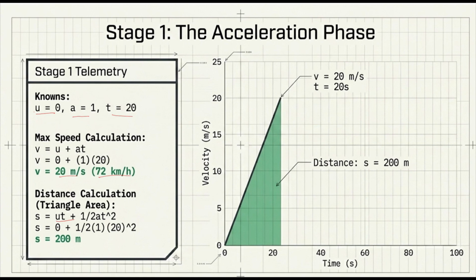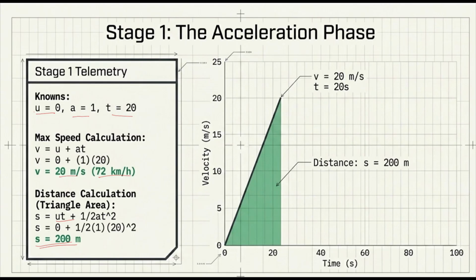So we take 0 plus 1 by 2, a is 1 and t is 20, so we take 20 square. What is 20 square? That will be 400, and half of 400 will be 200. So the distance will be 200 meters. Clear? Thus the cyclist reached 20 meter per second and covers 200 meters during the acceleration phase.